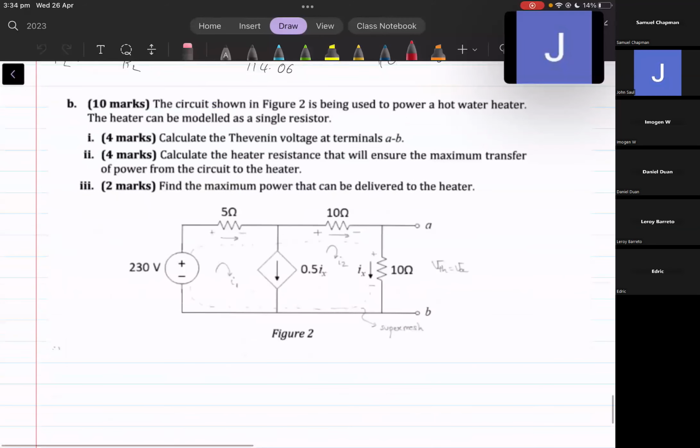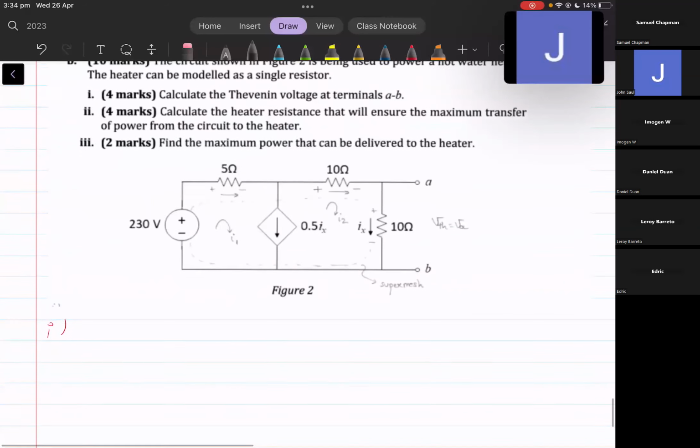So let's have a go at part I. So should we use mesh analysis or nodal here? Do people think? Because we'd have two nodes if we did it.